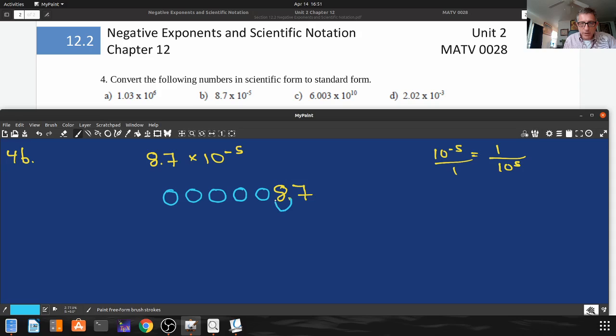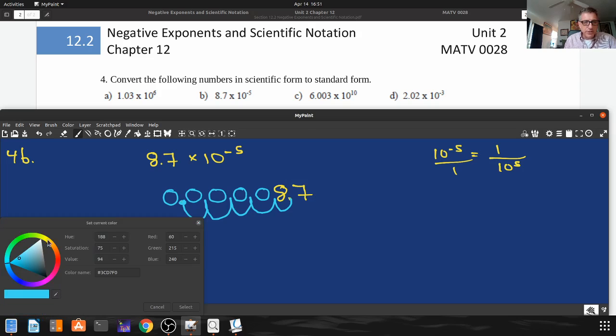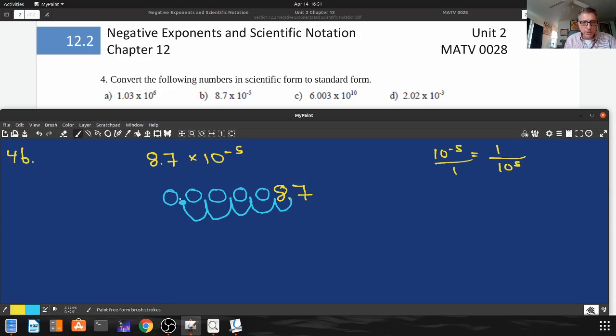So there I'm moving it 1 place, 2 places, 3 places, 4 places, 5 places. So the end result, including my leading zero, is 0.0000087.